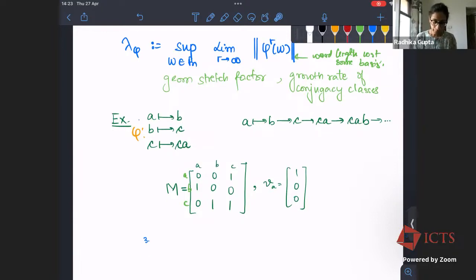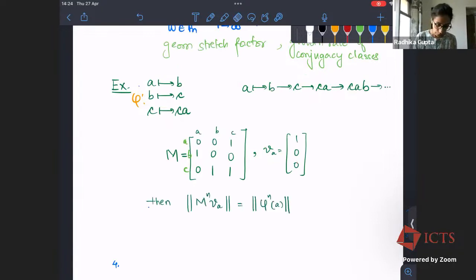And I can think of my word A as a vector. It's the vector 1, 0, 0. So A, B, C are my basis for the free group, and in this vector sense, A is the vector 1, 0, 0.